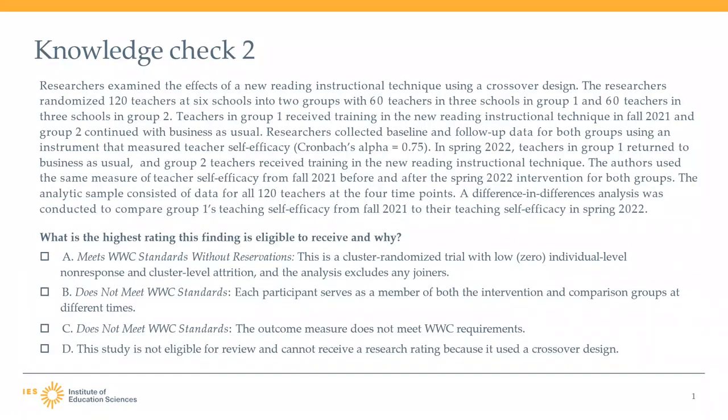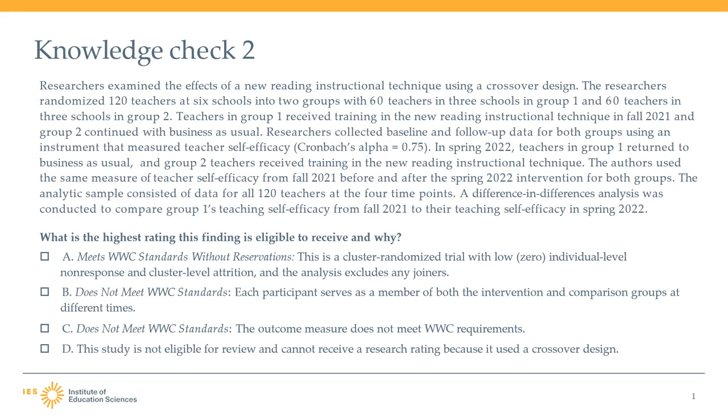Knowledge Check 2. Researchers examined the effects of a new reading instructional technique using a crossover design. The researchers randomized 120 teachers at 6 schools into 2 groups, with 60 teachers in 3 schools in Group 1 and 60 teachers in 3 schools in Group 2.